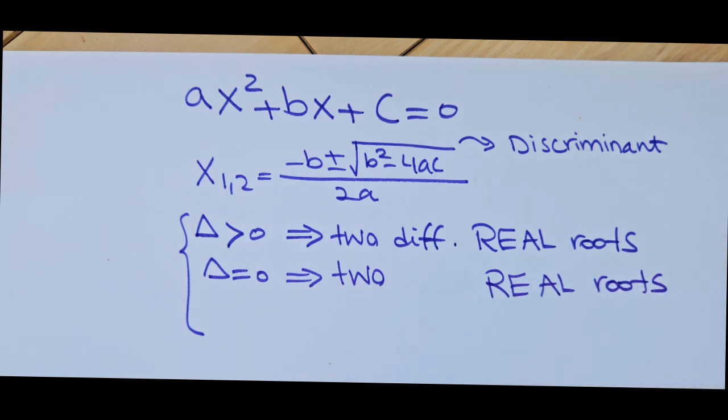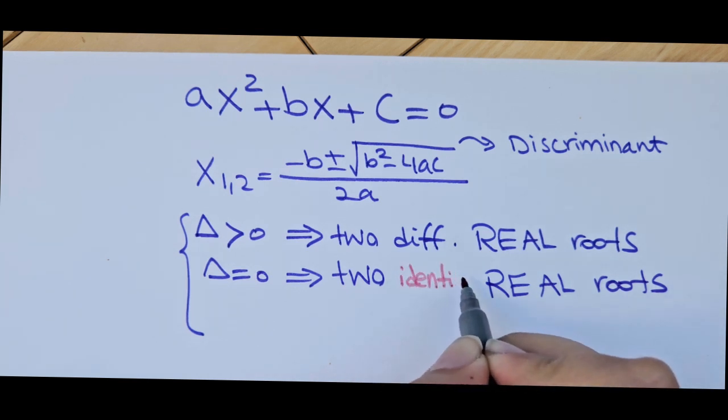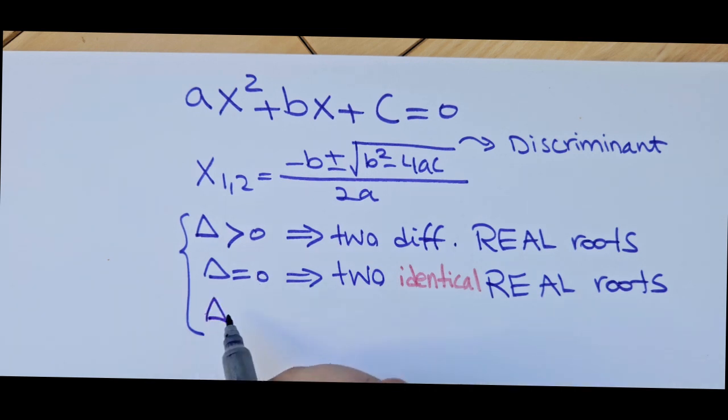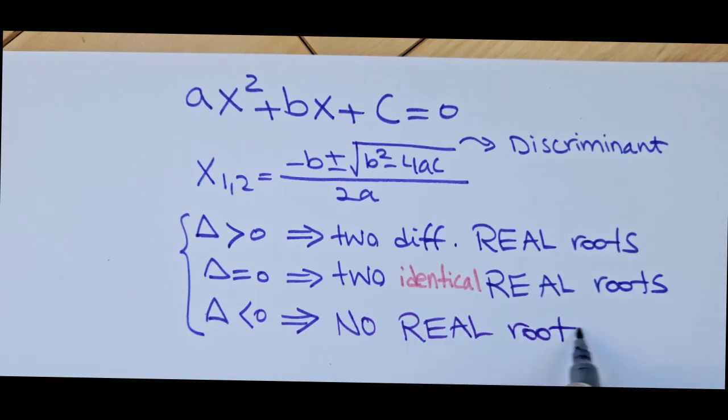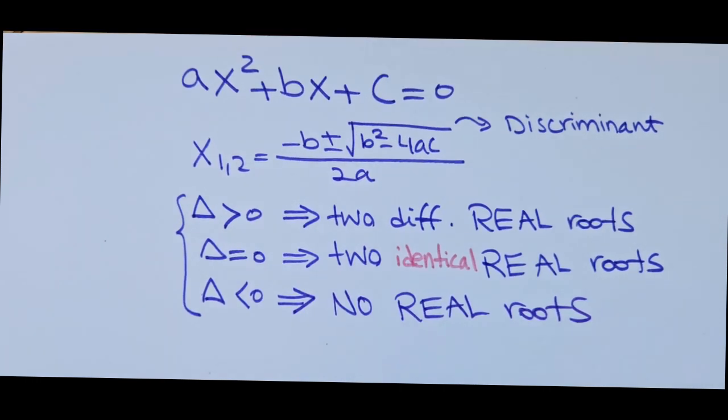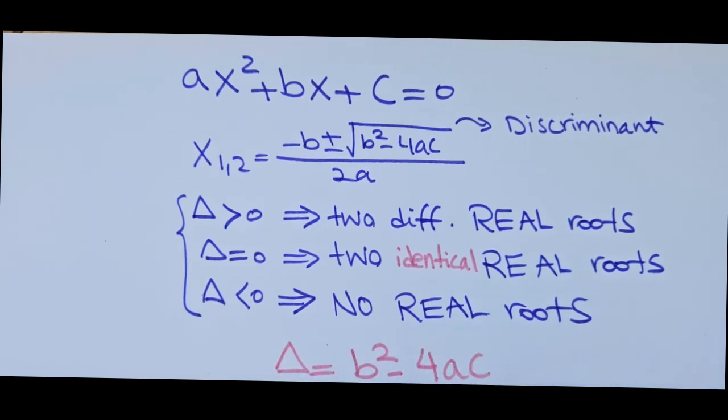It would be two identical real roots. And the third situation is when the discriminant is less than 0. When it's less than 0, you would have no real roots. And just to recap, the discriminant is b squared minus 4 times ac.